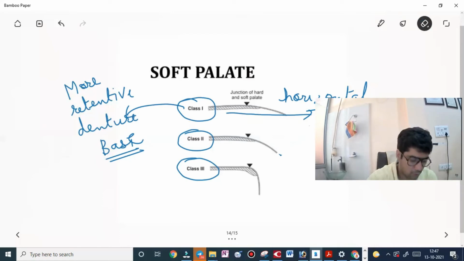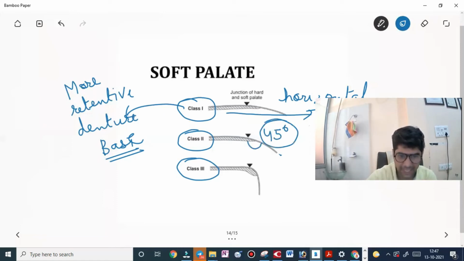In class 2, the palatal contour lies between class 1 and class 3. The angulation here is 45 degrees, whereas in class 3, the angulation is 70 degrees. Class 3 is seen in conjunction with a V-shaped palatal wall.